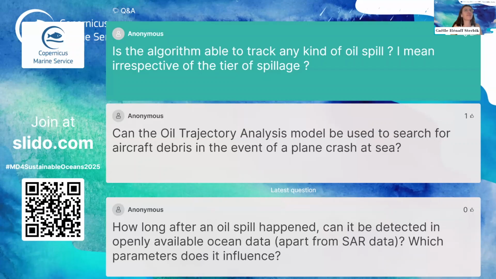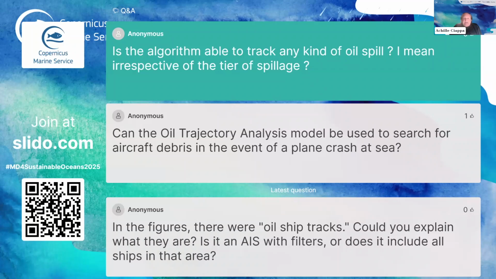I missed talking during the presentation about the weathering effects in oil spill modeling, because it depends on the type of oil. As an example, of heavy fuels only a little part disappears or evaporates. And as an example, most of diesel vanishes.